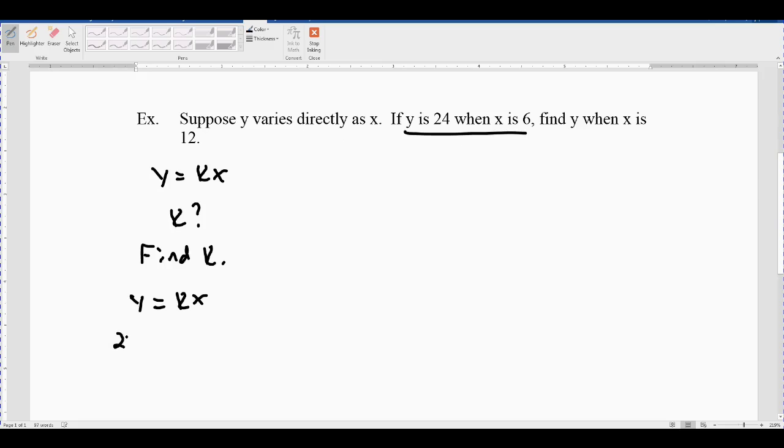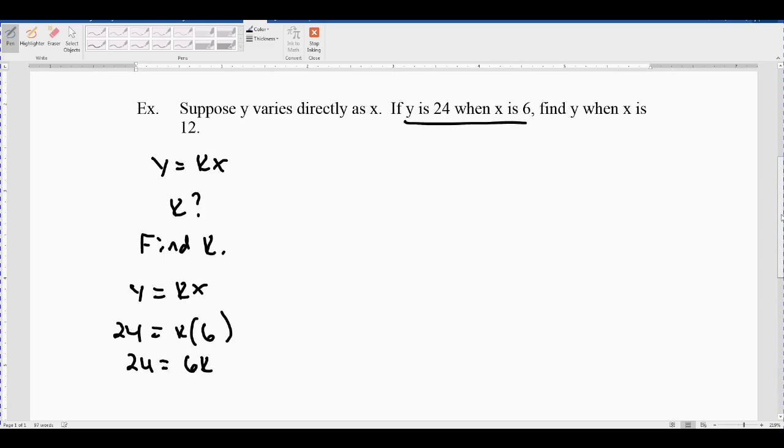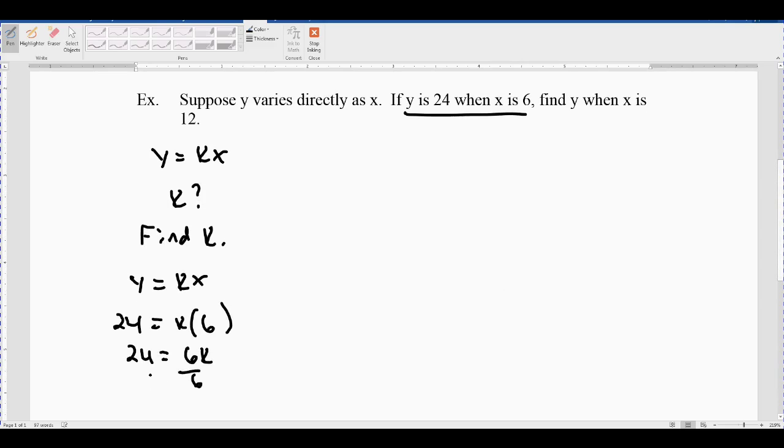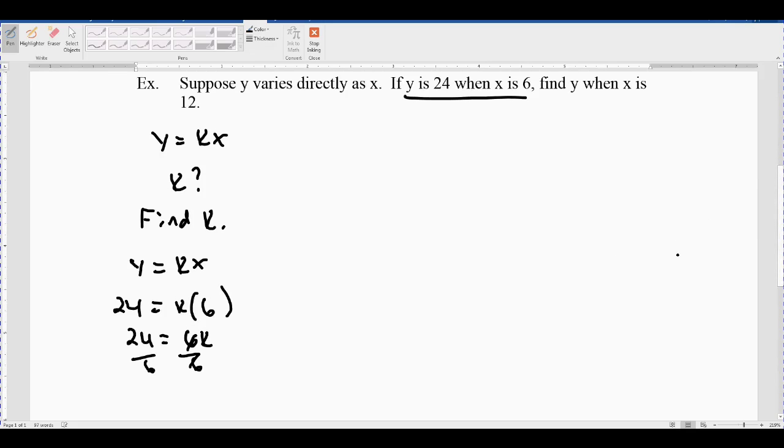Y is 24 when x is 6. K we don't know, but we can find it now when we substitute numbers in. k times 6 is the same as 6k. And how do we solve that? We divide both sides by 6, which means k equals 4.